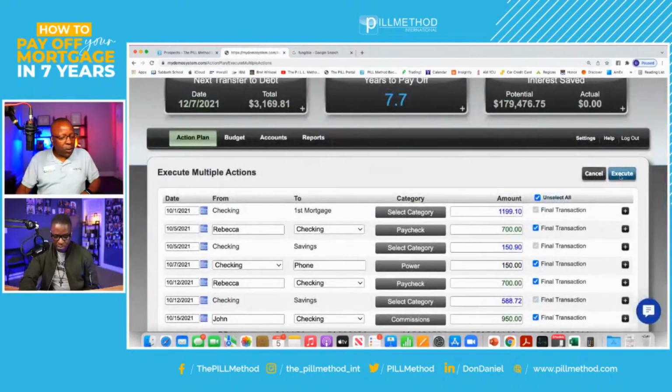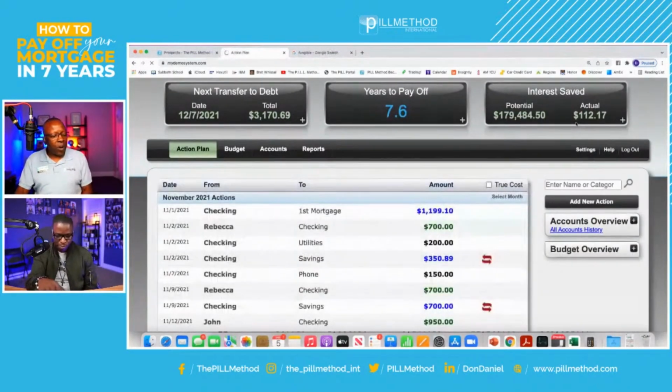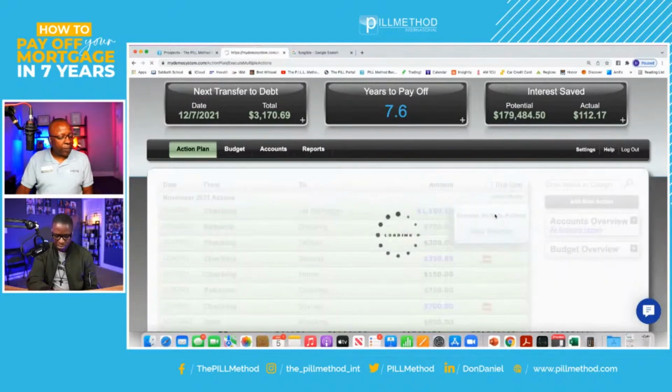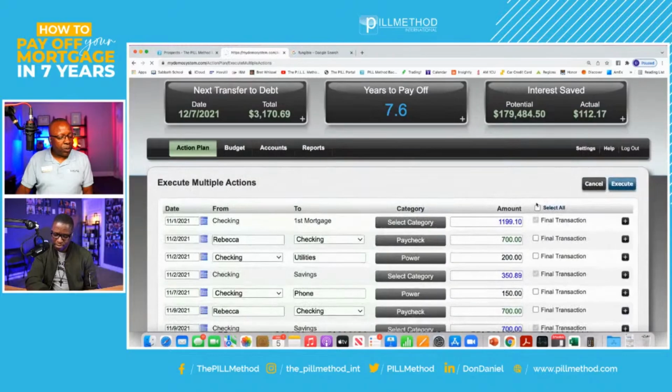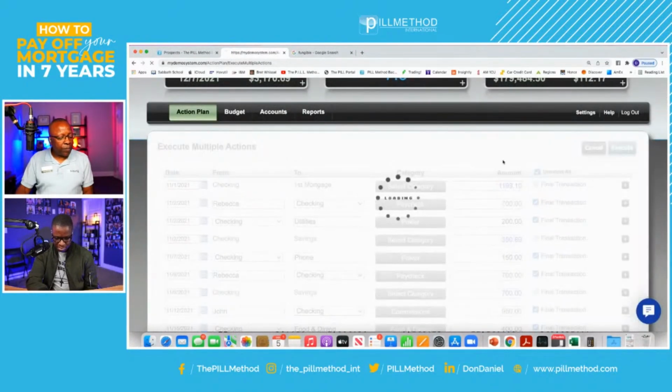And now we're executing that. And now we see, because of the actions of the program, we've already actually saved $112.17 in interest, and we're already down to 7.6 years. Now we're going to do the entire month of November the same way. Okay, pay our bills. Any extra money goes into savings, and we execute that.